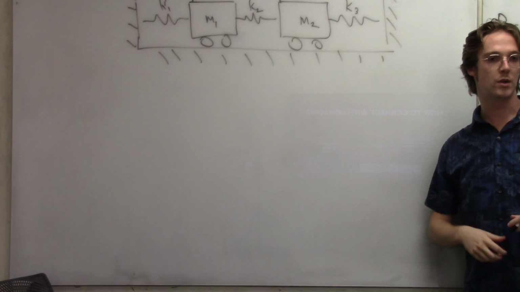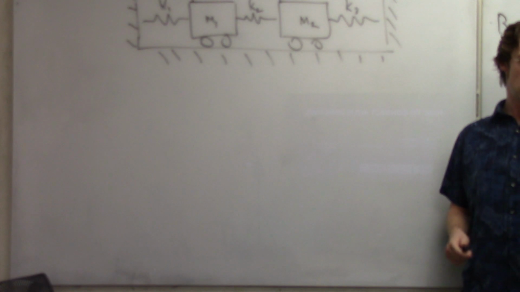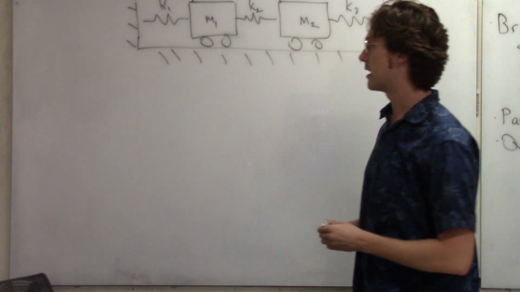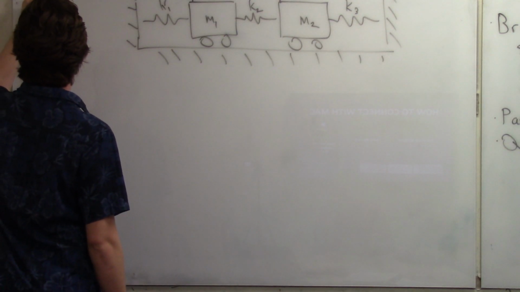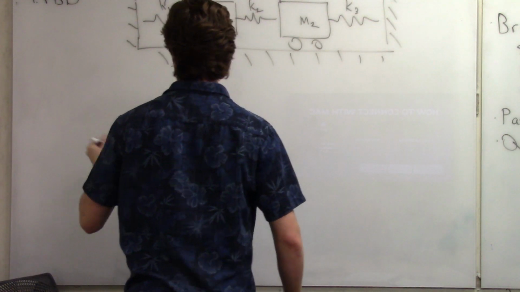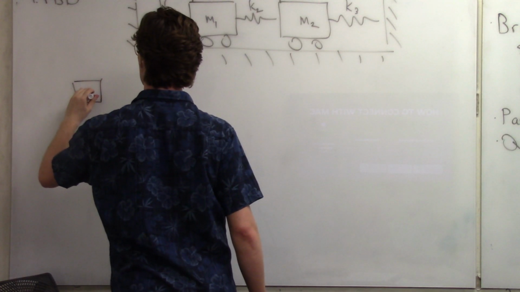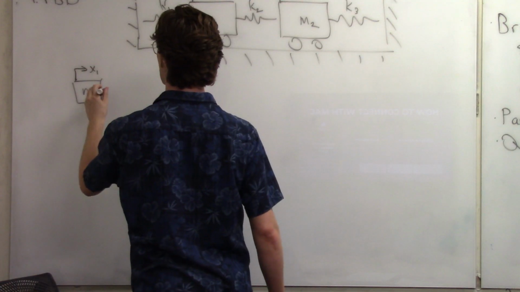Our next step is going to be writing our system of equations algebraically, and I would recommend doing that with free body diagrams. So step 1, free body diagrams. I'm going to draw one for mass 1, where we have x1 going this way.